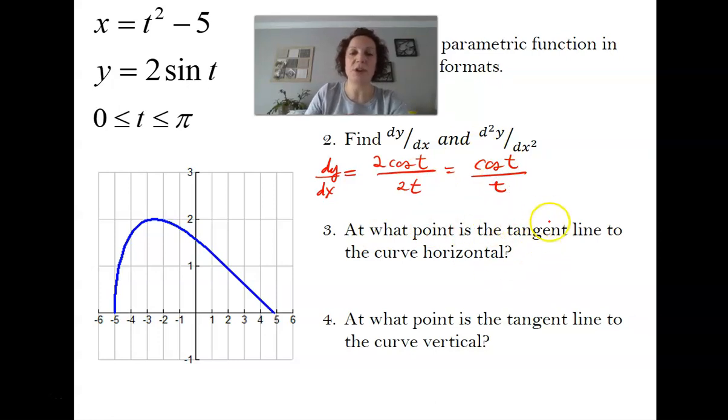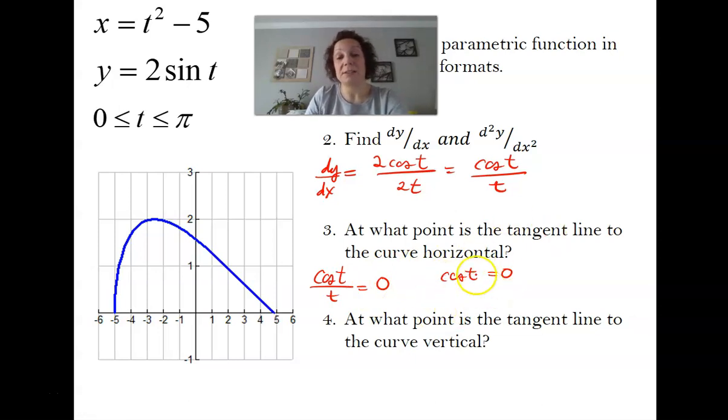So if I want to know when it has a horizontal tangent, I need to know when the cosine t over t equals 0. In other words, I need to know when the cosine of t equals 0, right? Okay, because that would make the numerator of this thing 0.